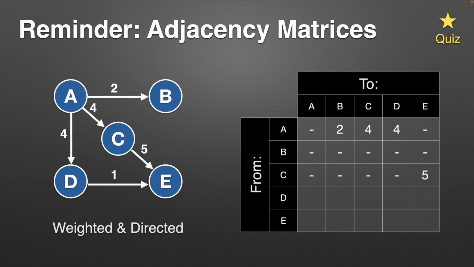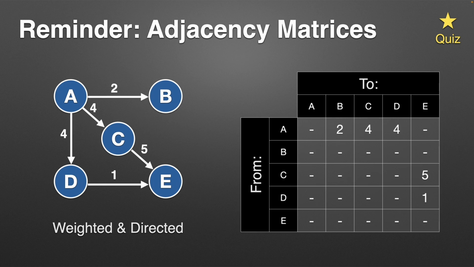For C, you can see that C has 1 outgoing to E, 5 there. And then we keep going. D just goes to E with a 1, and E doesn't go anywhere. And so that would be an adjacency matrix for a weighted directed graph. Does that make sense? Is that okay with everyone?